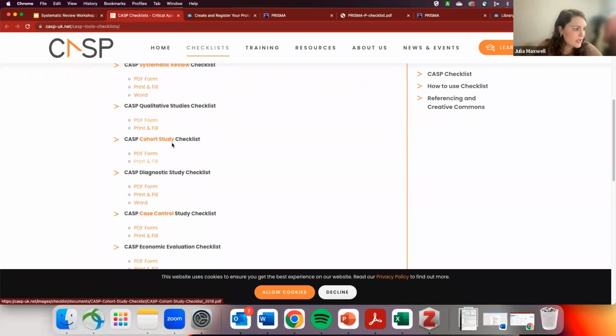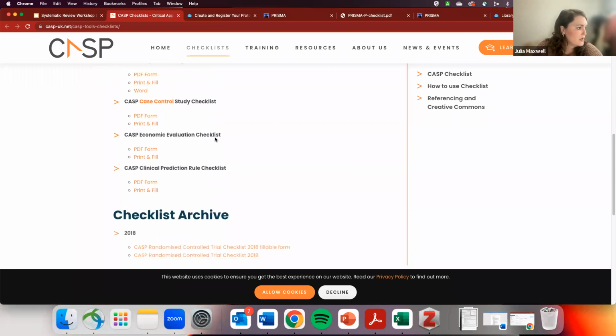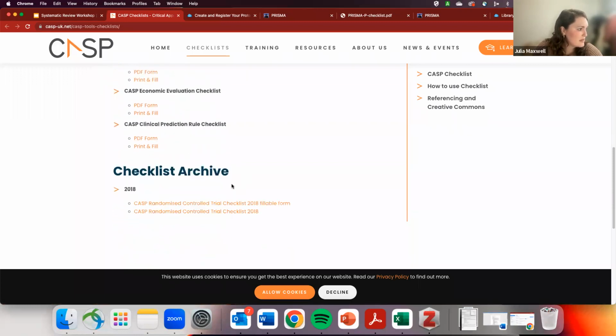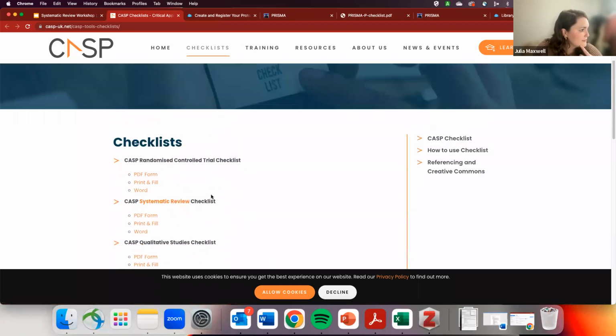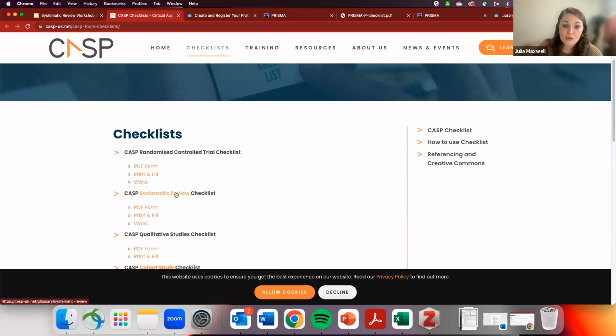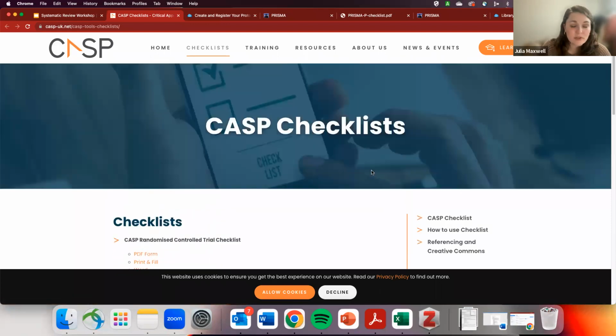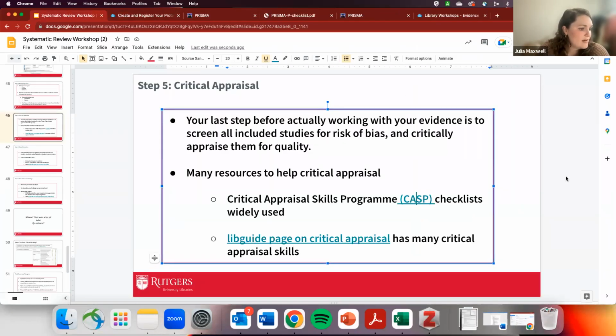If you're just looking at cohort studies, if you only want to look at randomized trials, if you are looking at other systematic reviews, you have a checklist. So those are really, really helpful and really highly regarded as a quality tool. And they make it really easy. You just go down the checklist, find the elements, give it a score, and then you include or exclude it based on the particular score that you gave it.